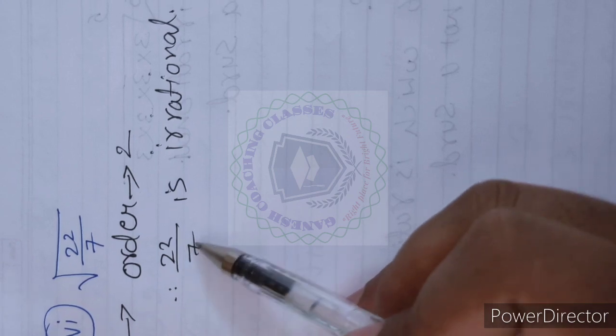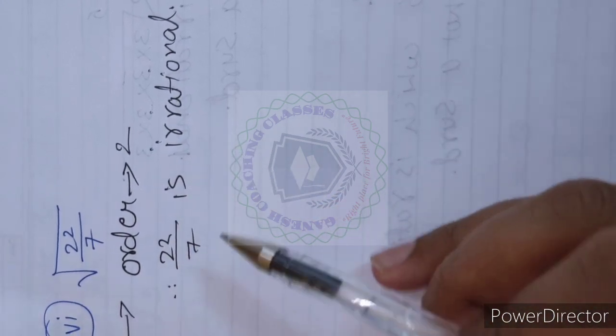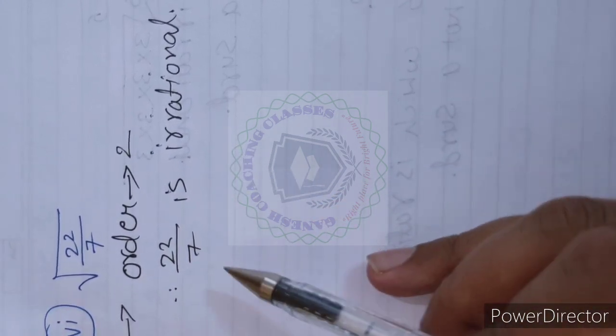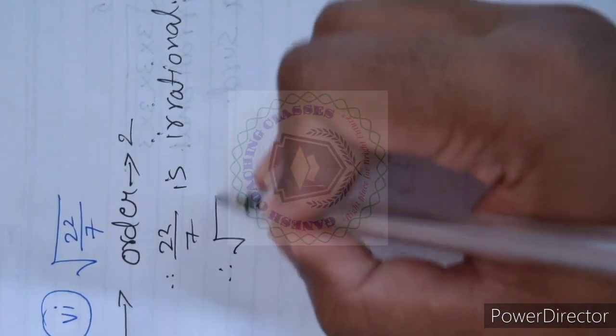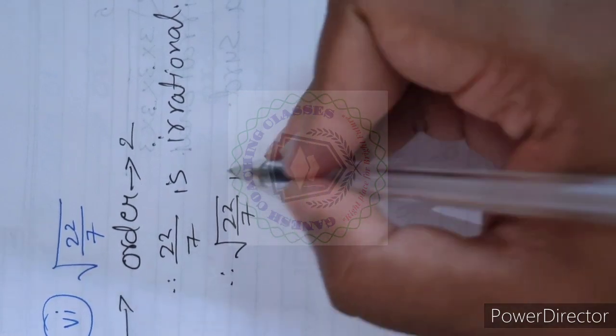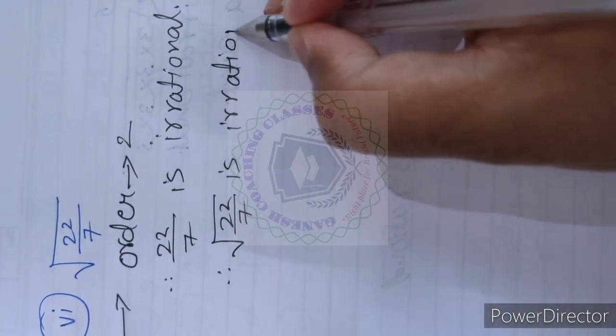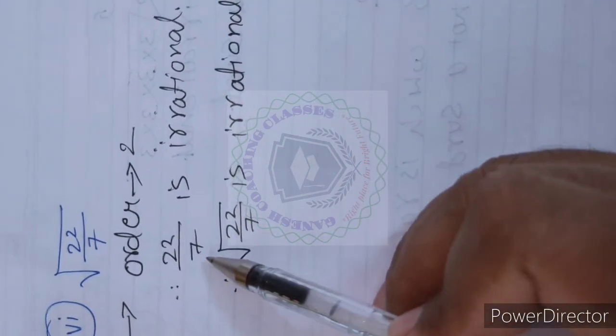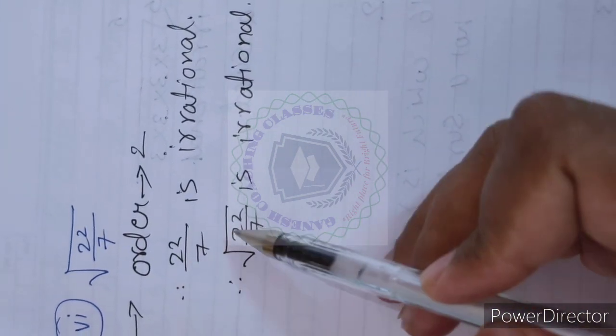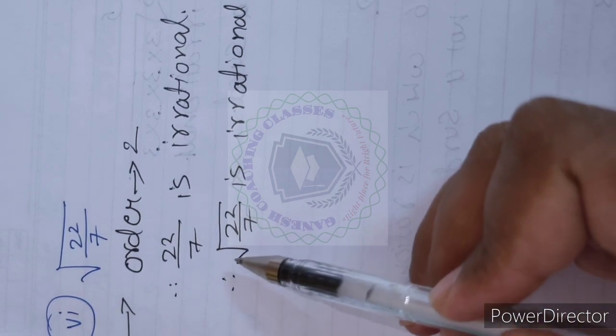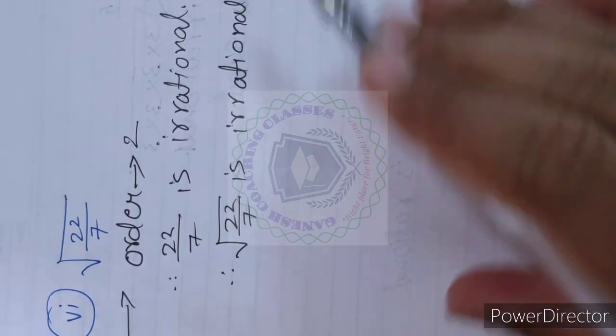If 22 by 7 is irrational, then the square root of an irrational number is again irrational. So here the square root of 22 by 7 is irrational, because the radicand, which is 22 by 7, is irrational. So the square root of that irrational number is definitely irrational.